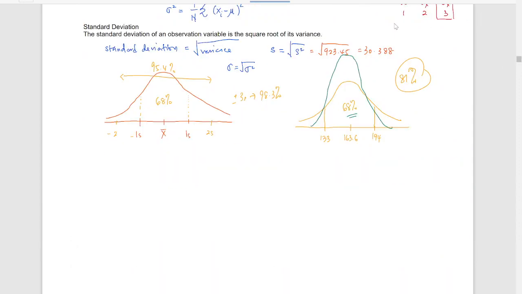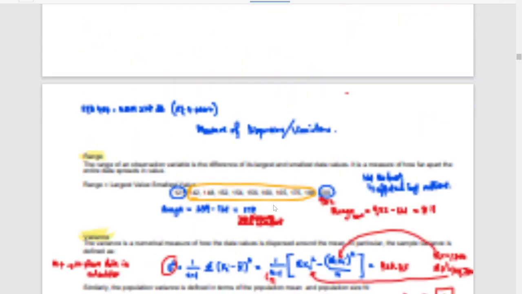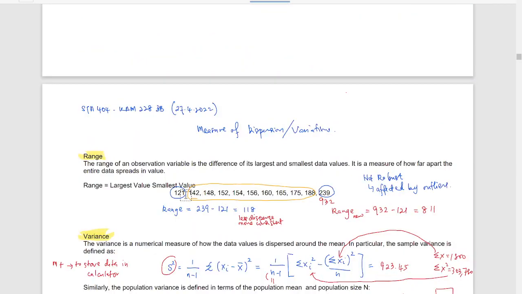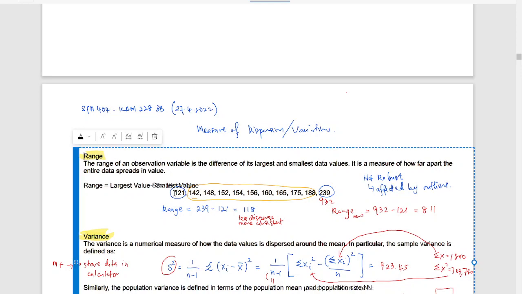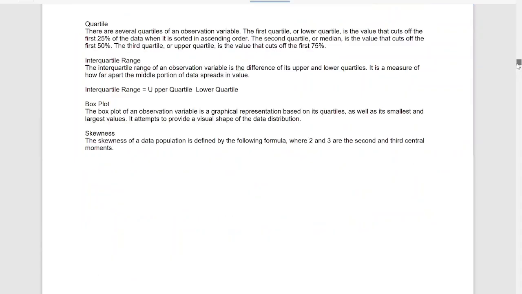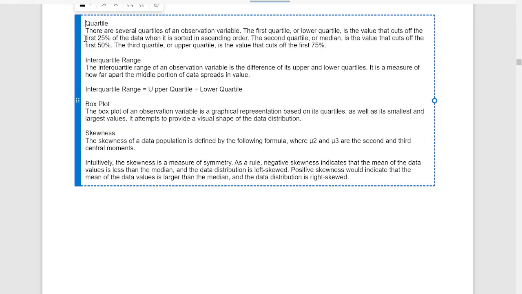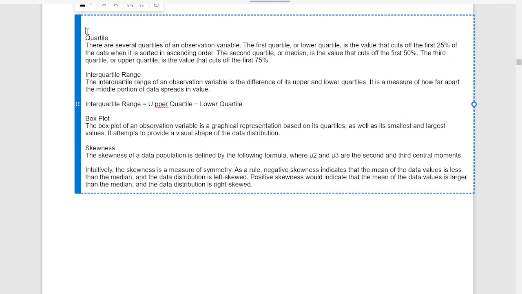Kita ambil balik data kita yang tadi. Kita akan work with the same data set. Ctrl C. Okay. So let's work on this data set again. Ctrl V.